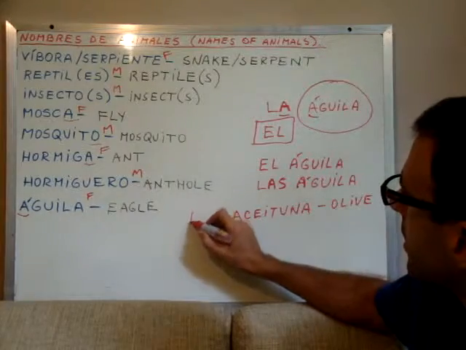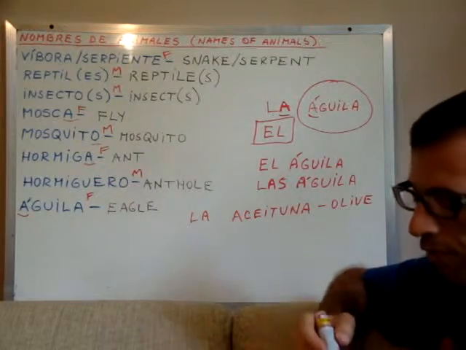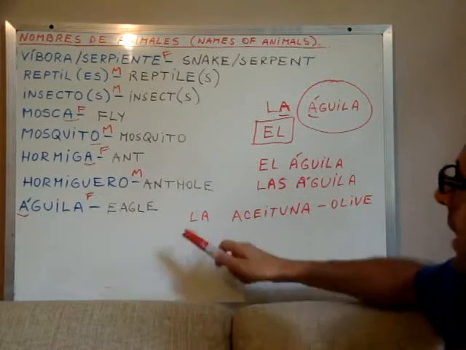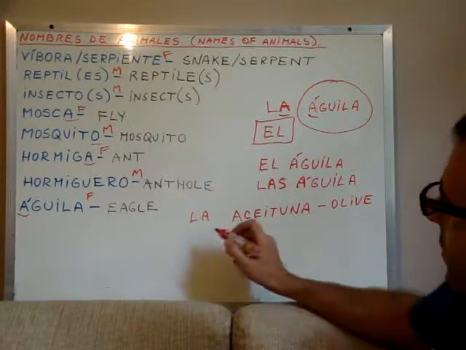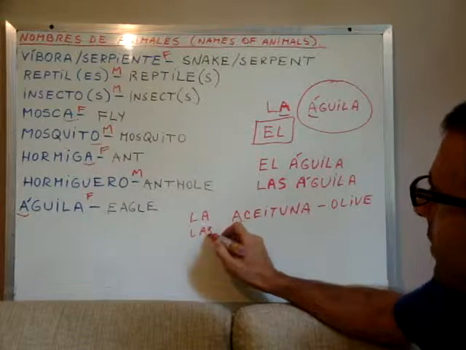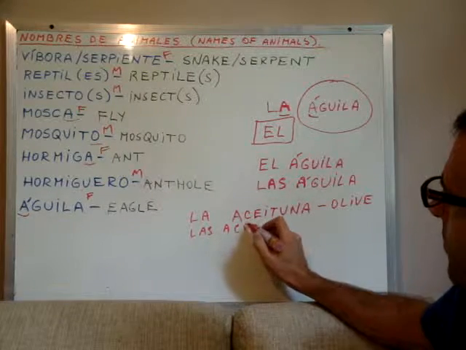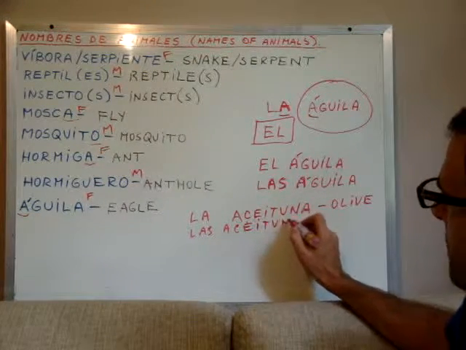However, we use the feminine singular article, la aceituna. We don't say el aceituna. So we say la aceituna and las aceitunas for the plural, okay?